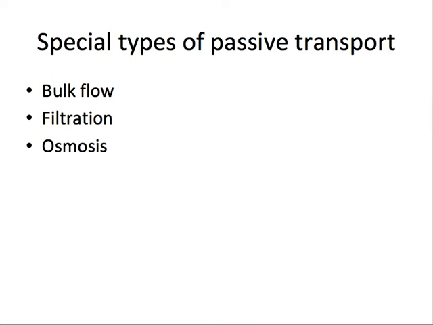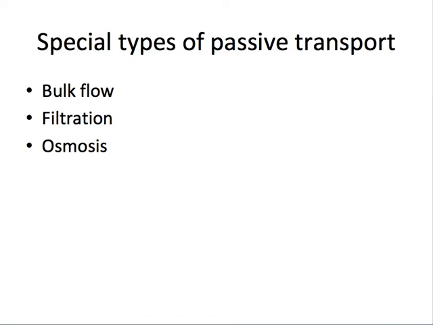Well, the other special type of passive transport is filtration. The movement of water and solutes from an area of high hydrostatic pressure to an area of low hydrostatic pressure is called filtration. I repeat again, the movement of water and solutes, not only water, from an area of high hydrostatic pressure to low hydrostatic pressure is called filtration.